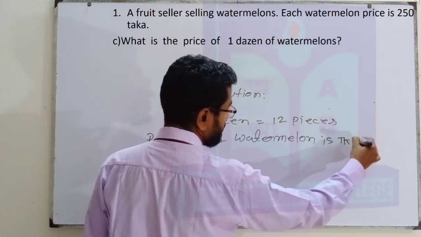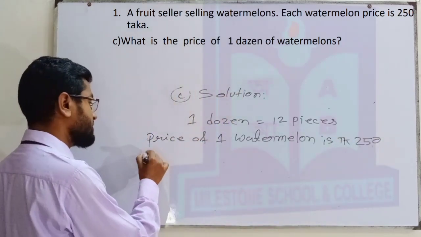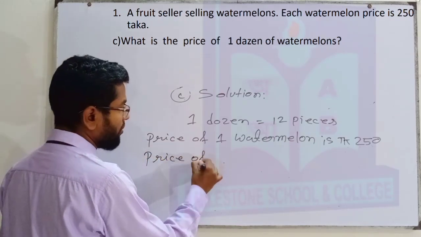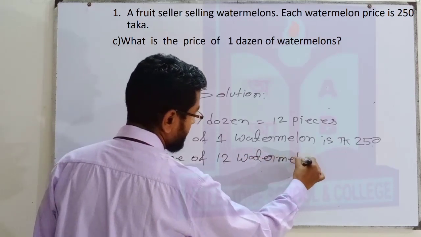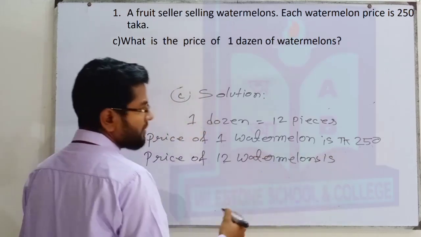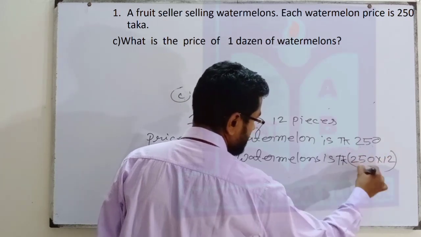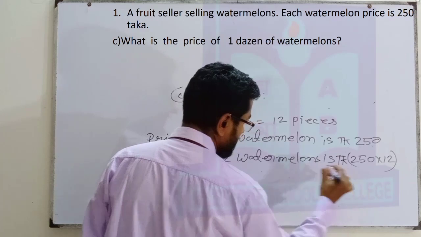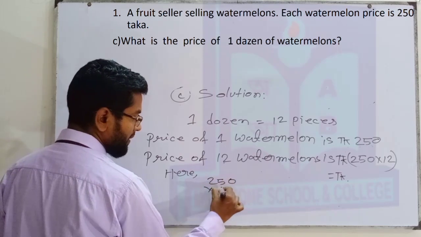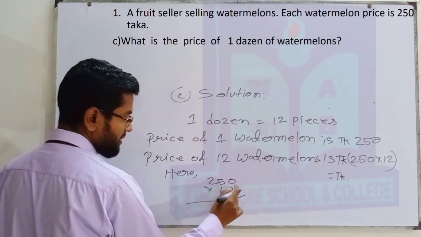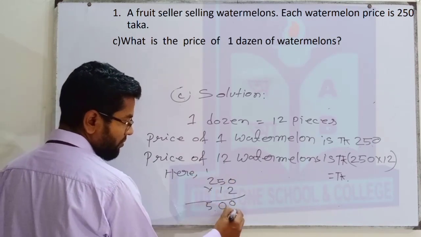is taka 250. So we need to find out how many watermelons price, of 12 watermelon is taka 250 multiply 12. So this one we will multiply writing here 250 multiply 12. 2 zeros are 0, 2 5s are 10, 1 is carrying, 2 2s are 4 and 1, 5, 1 step 0.